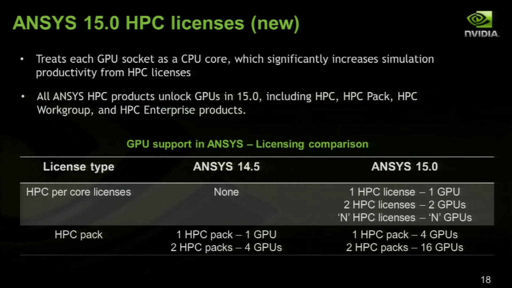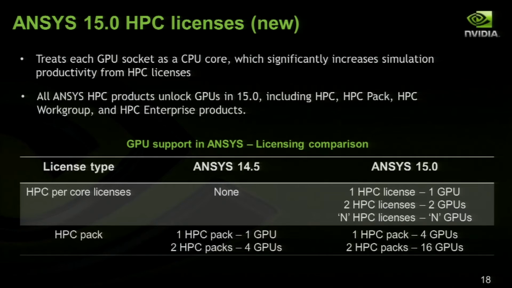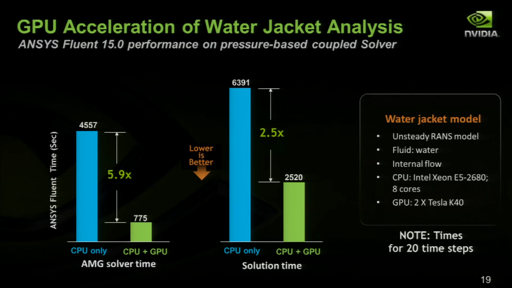So just by taking the same number of licenses, as I mentioned, you could get more simulations done with the existing resources with GPUs. And let's take a look at some of the performance in ANSYS 15 when you put your simulation on GPUs.